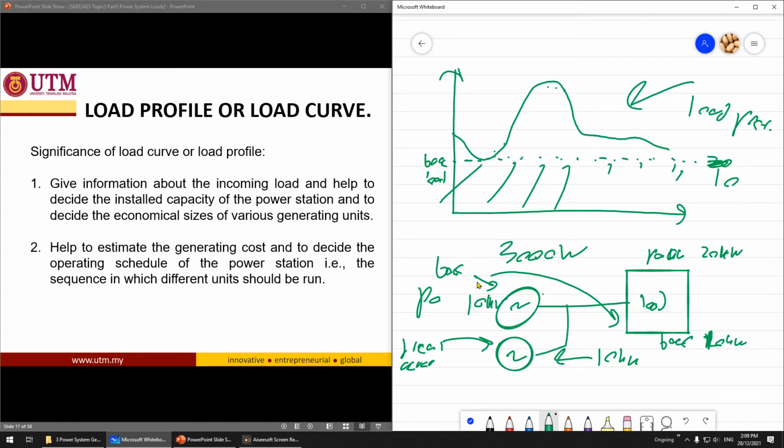The base is usually much cheaper, so we use a cheaper generation, and this one is usually very high, not economic. That's why the load profile is very important, because we want to design something like this. For example, we divide it.